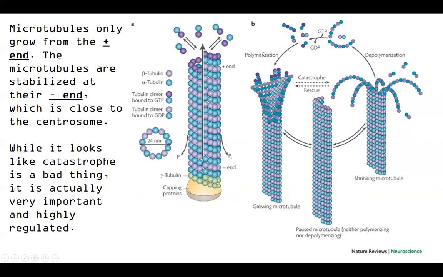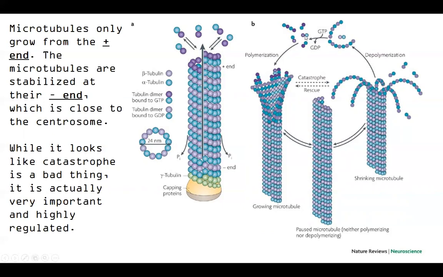So again, you can see this sort of cycle between polymerization and depolymerization, which we also call rescue and catastrophe. So polymerization, again, think of the zipper moving up. We're zipping up all of these 13 protofilaments so that they form a tube. And again, this is controlled by the amount of GTP-bound tubulin dimers.